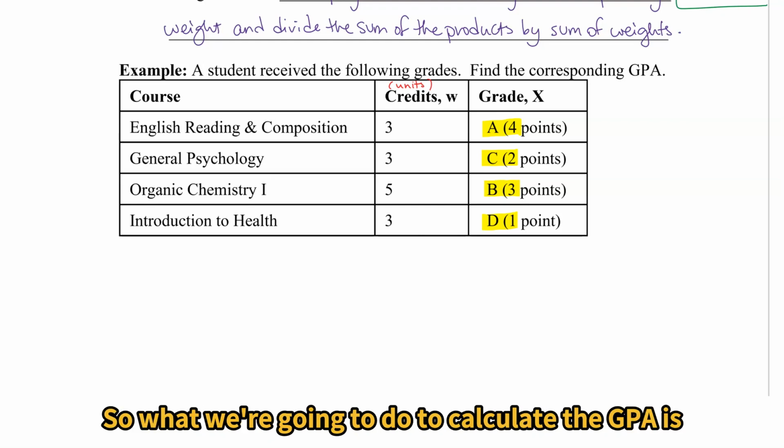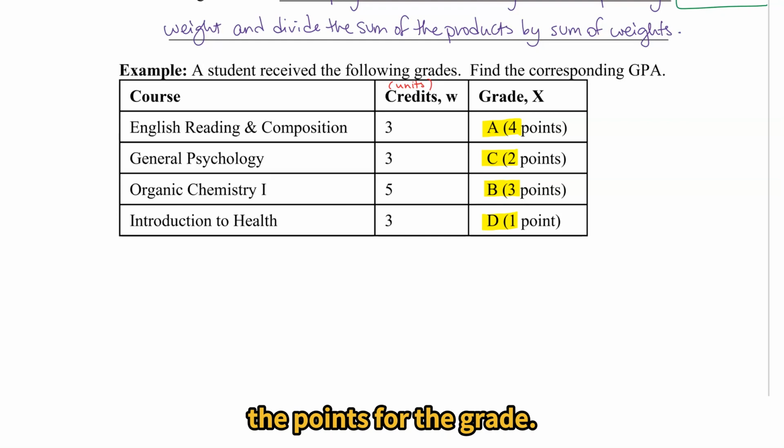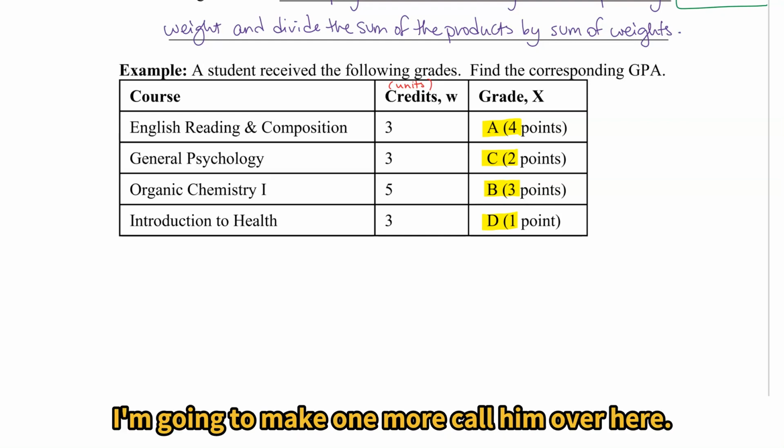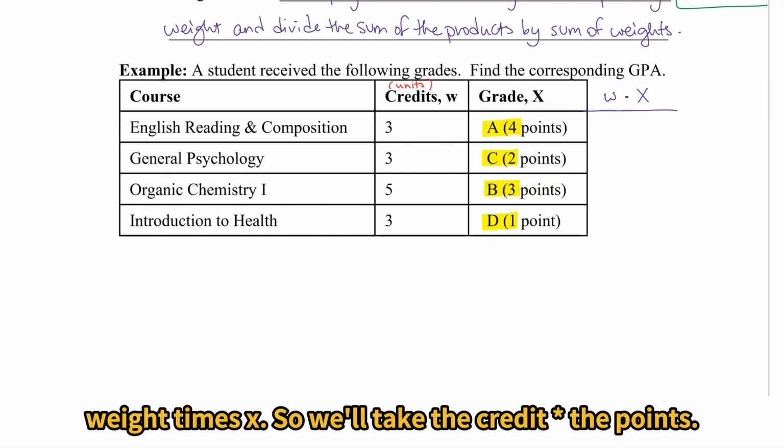So what we're going to do to calculate the GPA is multiply the credit times the points for the grade. I'm going to make one more column over here on the right, weight times X. So we'll take the credit times the points.